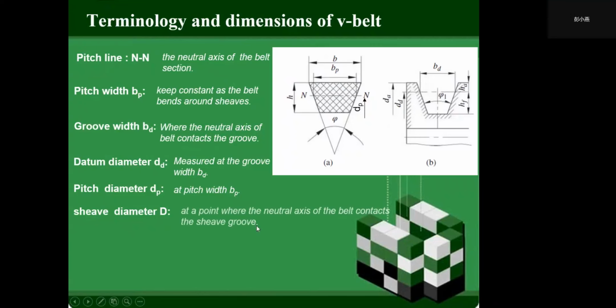So we have DP is equal to DD is equal to sheave diameter D. At pitch diameter or sheave diameter, the belt and sheave have identical linear speeds.